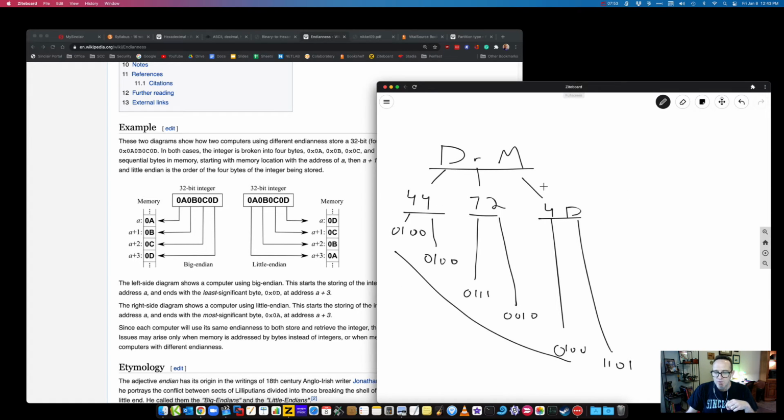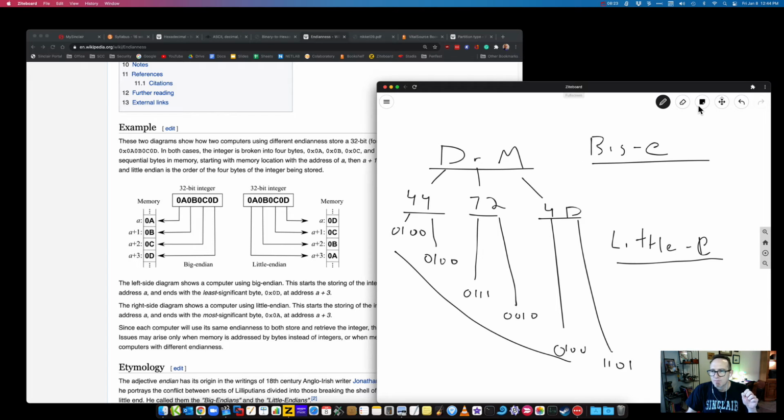So let's take this for example. We have something called Big Endian, I'll call it Big E, and then we have Little Endian, the little e.